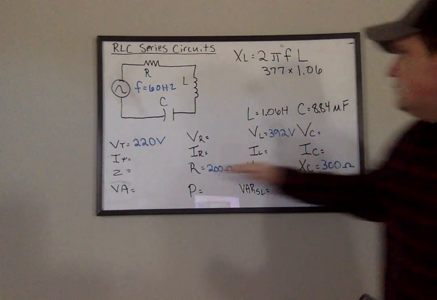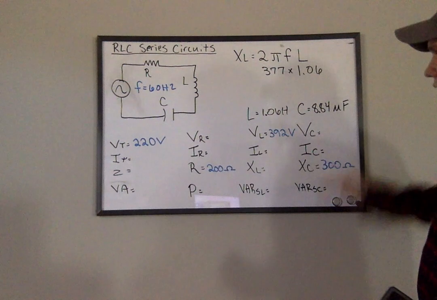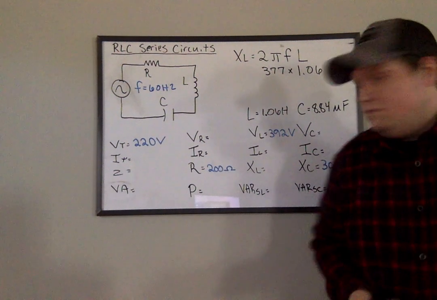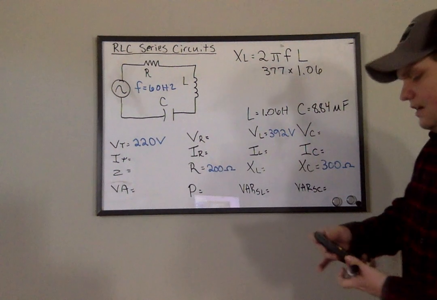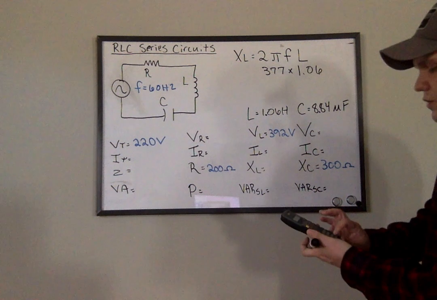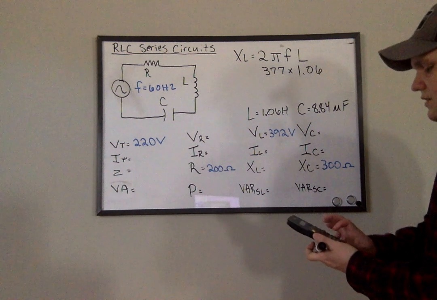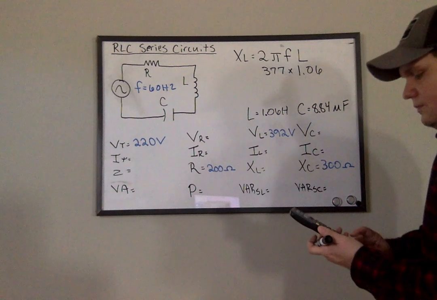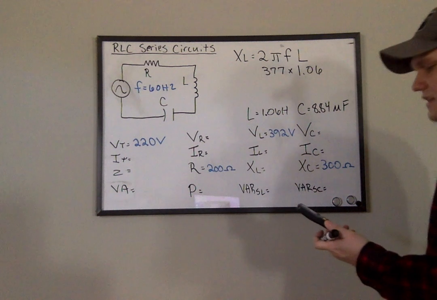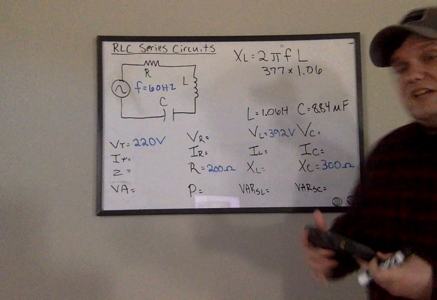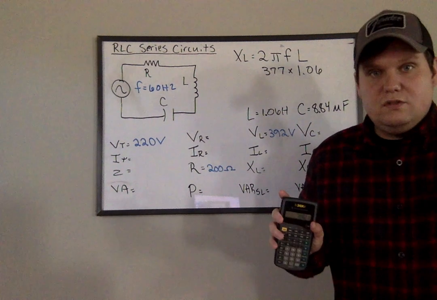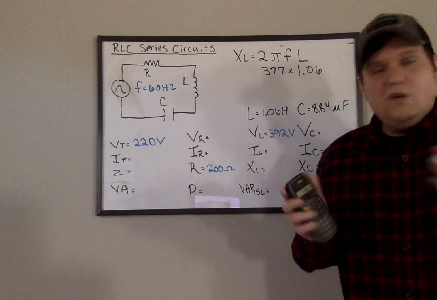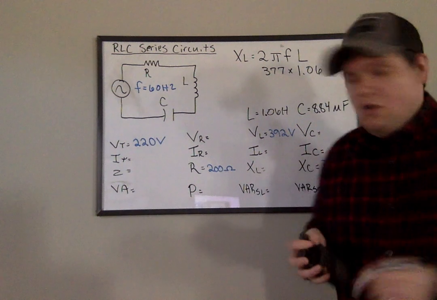Everything in this column going across here is going to be measured in ohms. So in the calculator, do 377 times 1.06, and that's going to give me essentially 400 ohms. If you're following along, we're going to go ahead and just round that to 400 ohms.